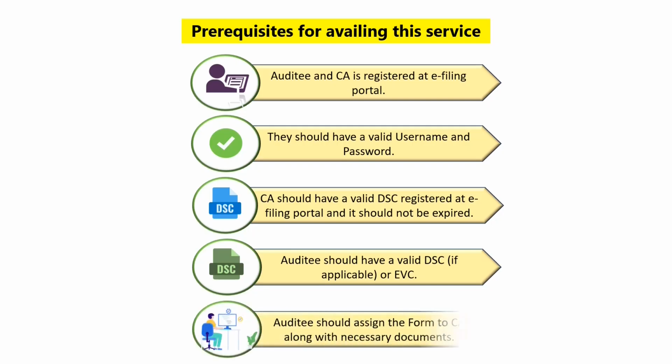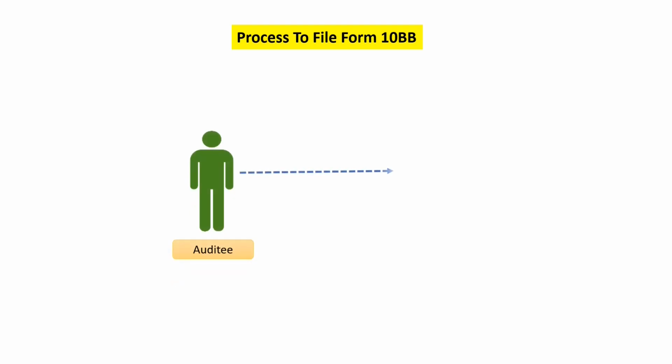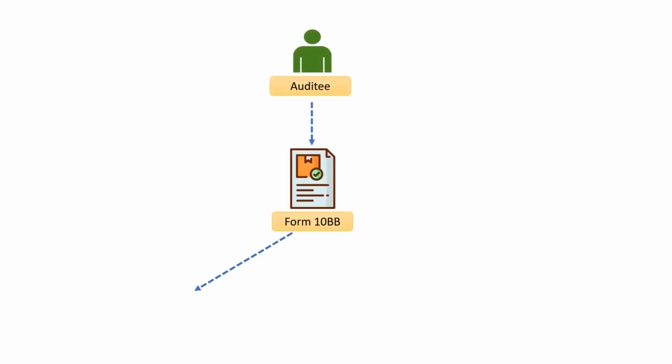An auditee is required to assign the form to the chartered accountant along with the necessary documents. So the process of filing Form 10BB is that, first of all, the auditee is required to add the CA. Once the CA is added, the auditee can assign Form 10BB either through My CA functionality or through File Forms functionality.